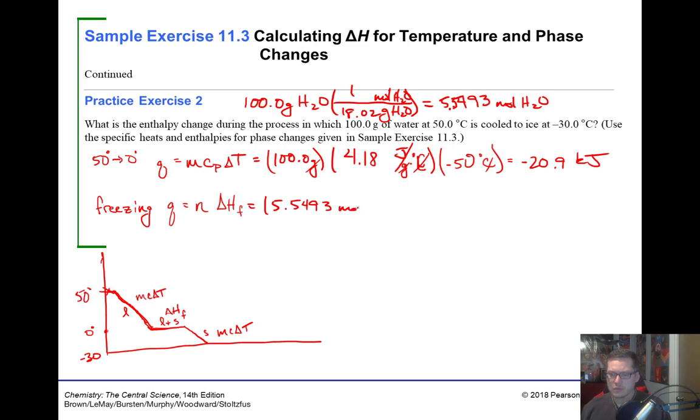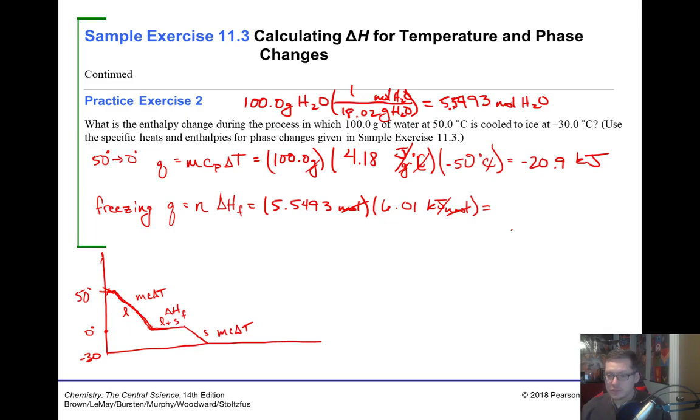5.5493 moles. Now we use the delta H of fusion. Good thing I wrote it down earlier. That's 6.01 kilojoules per mole. Notice again, our moles just cancel, and we're just left with kilojoules, which is exactly what we wanted. So we take 5.5493 times 6.01, and we get 33.35 kilojoules.